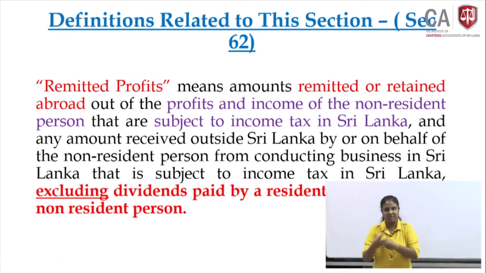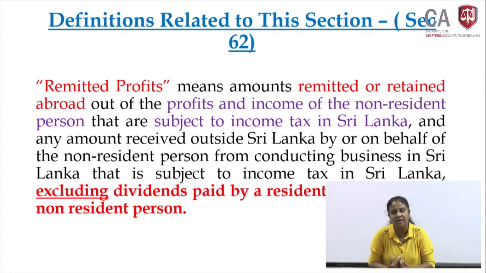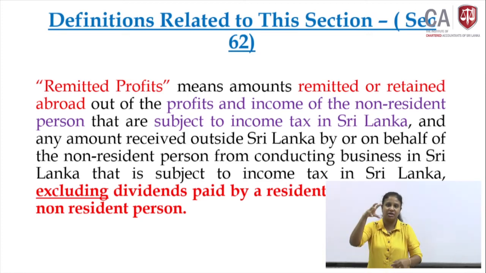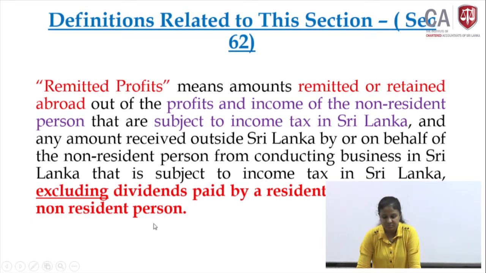That means while providing business in Sri Lanka, you are receiving income from outside countries. Why am I receiving that income? Because I am conducting business in Sri Lanka. That is the point of the second explanation.